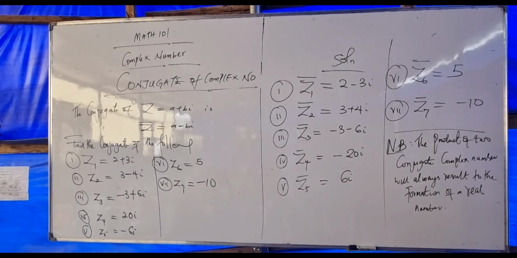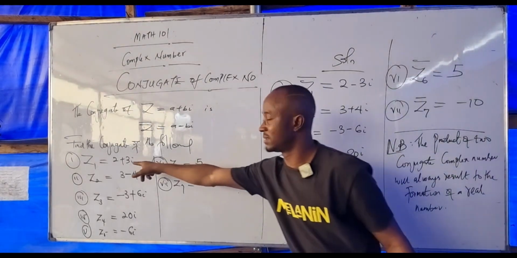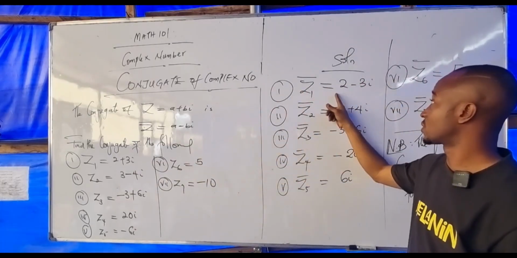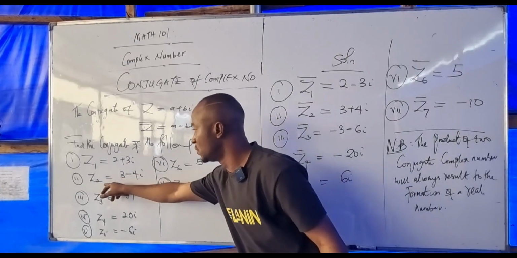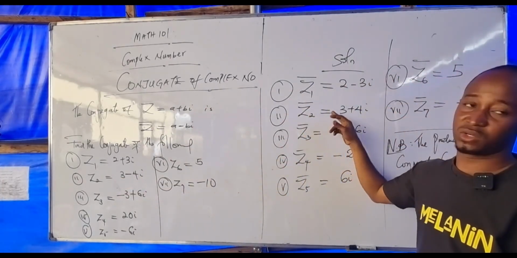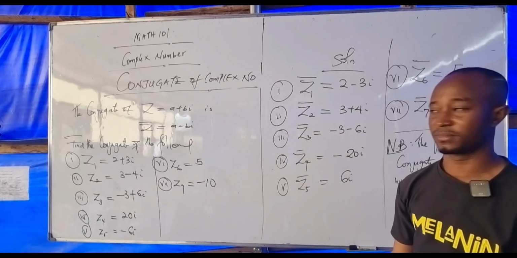Meaning, if I multiply Z1 with Z1 conjugate, I will have a real number. If I multiply Z2 with Z2 conjugate, I will have a real number. Let's analyze.